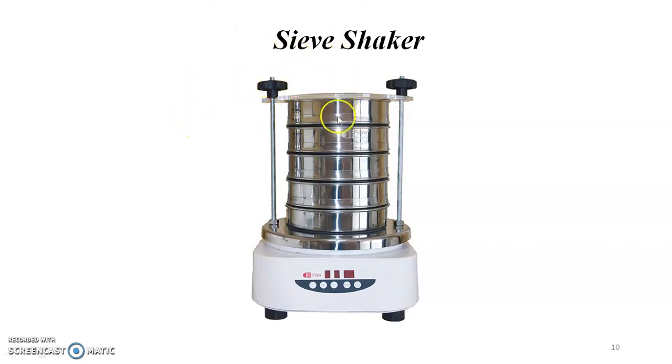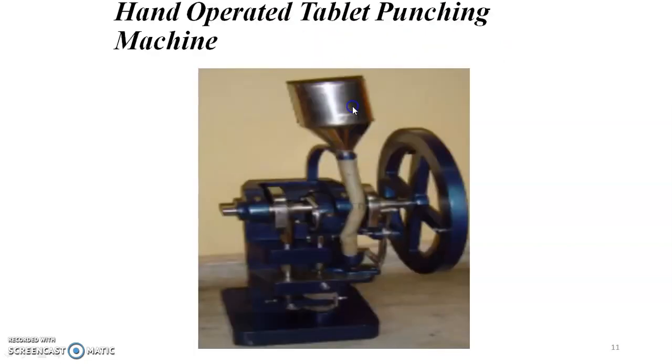As we know, the sieve number or mesh size is inversely proportional to the particle size. That means the sieve having the greater mesh number will deliver very fine particles, and those having lesser sieve number will deliver very large size particles.